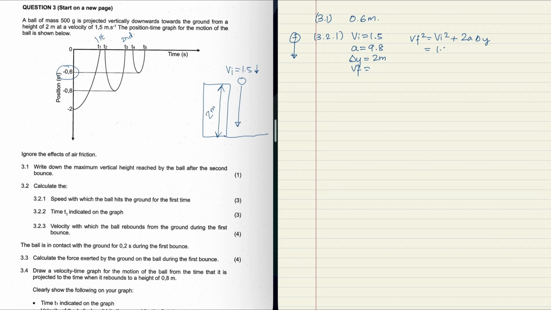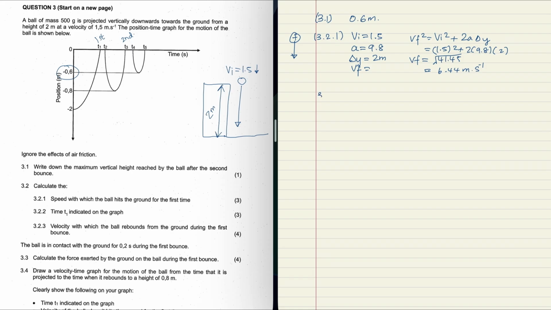So 1.5 squared plus 2 times 9.8 times 2 meters. We can simplify, we'll get 41.45. Now to get V_F, we need to square root this. So the square root is going to be 6.44 meters per second. We don't need to put a direction because speed, which they are asking for, is a scalar quantity.